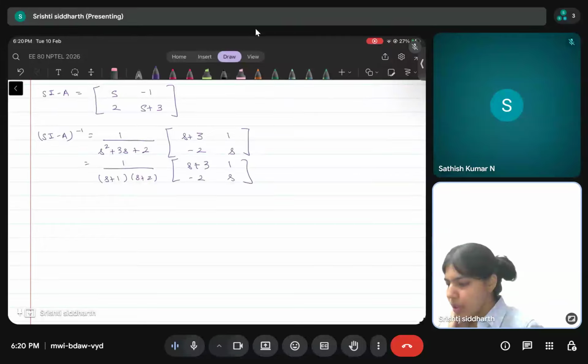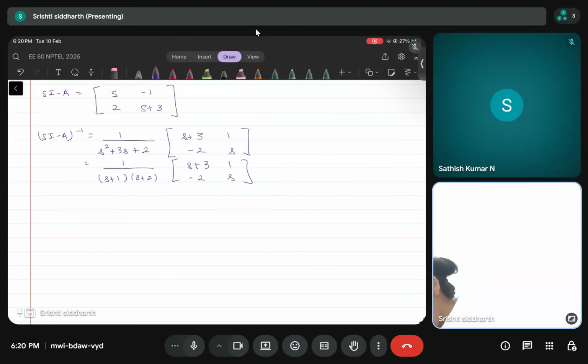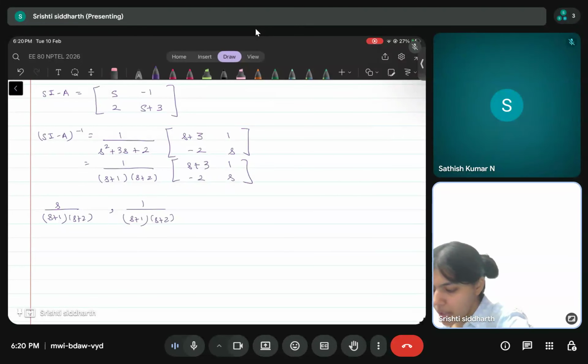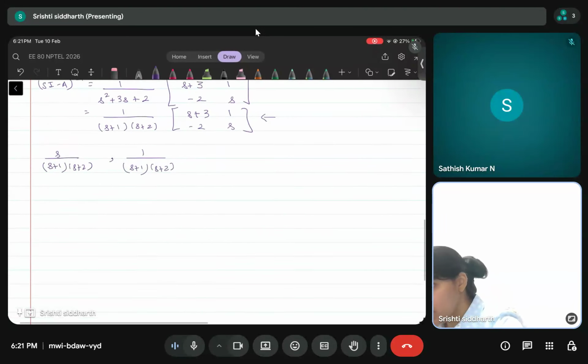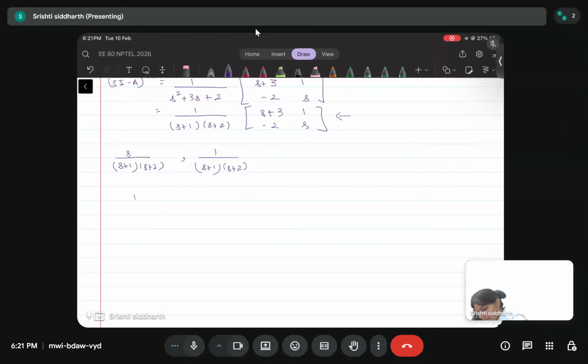Alright, so to compute the Laplace inverse, observe that we need the Laplace inverse of s upon (s plus 1)(s plus 2), and just 1 upon (s plus 1)(s plus 2). Using the Laplace inverse of these two quantities, we can find the Laplace inverse of every element of the matrix (sI minus A) inverse. Let's begin with the simpler one, 1 over (s plus 1)(s plus 2).